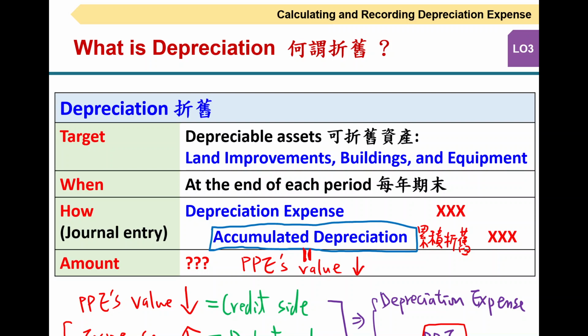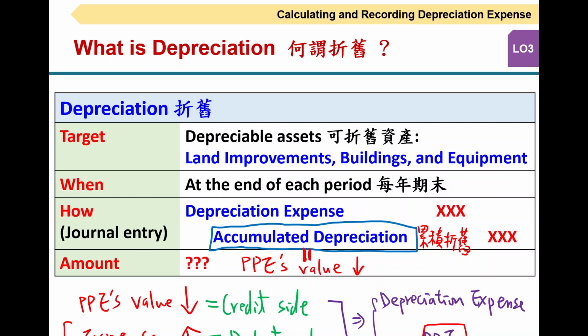So the journal entry we use is debit depreciation expense, credit accumulated depreciation to describe your PPE's value decrease, expenses increase after you use it. Okay?